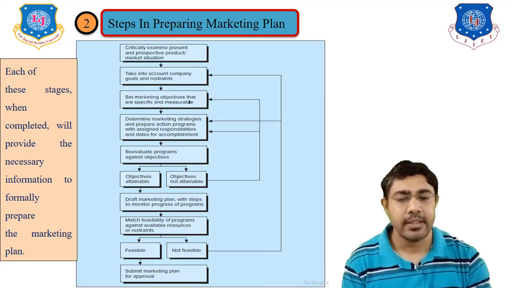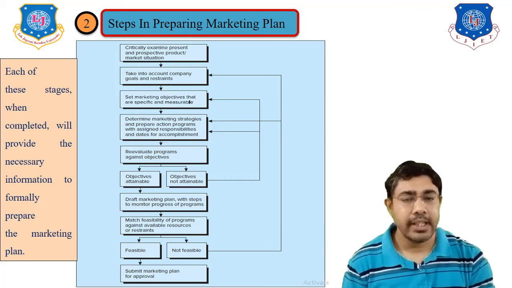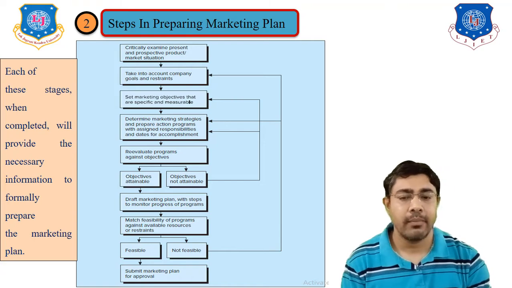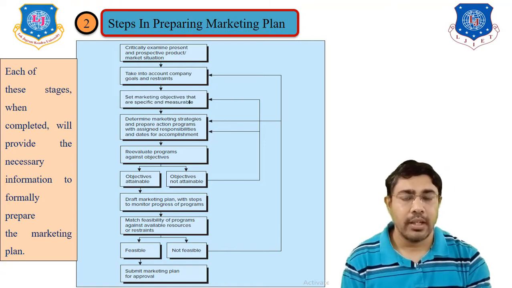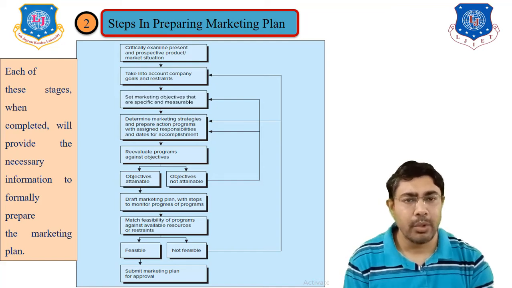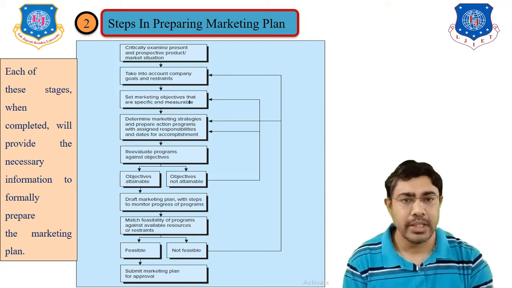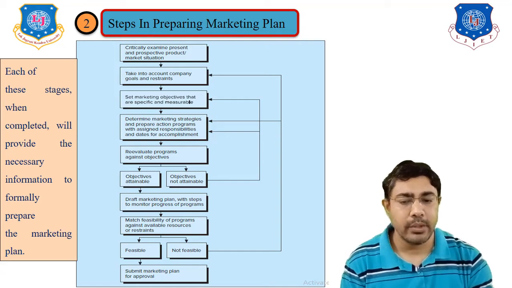After that, re-evaluate the programs against the objectives. Whatever your programs are, they are re-evaluated against the objectives. What is your objective? Is that objective fulfilled by the programs or not? That has to be checked from the re-evaluation. So you can see in the flowchart there are two options.